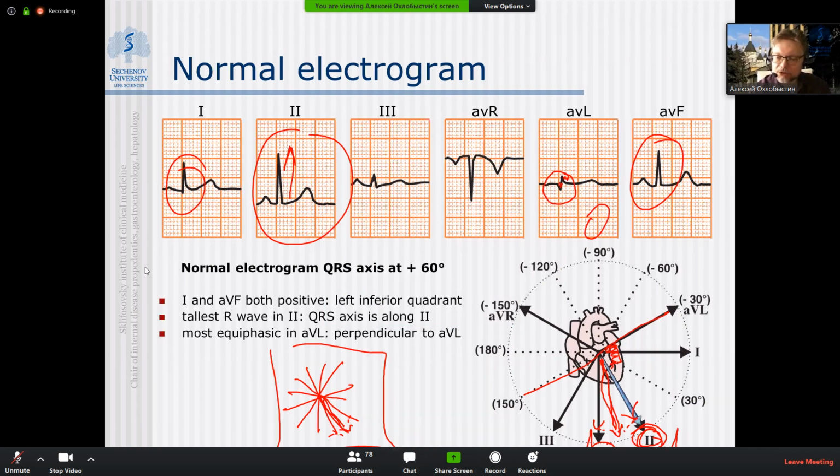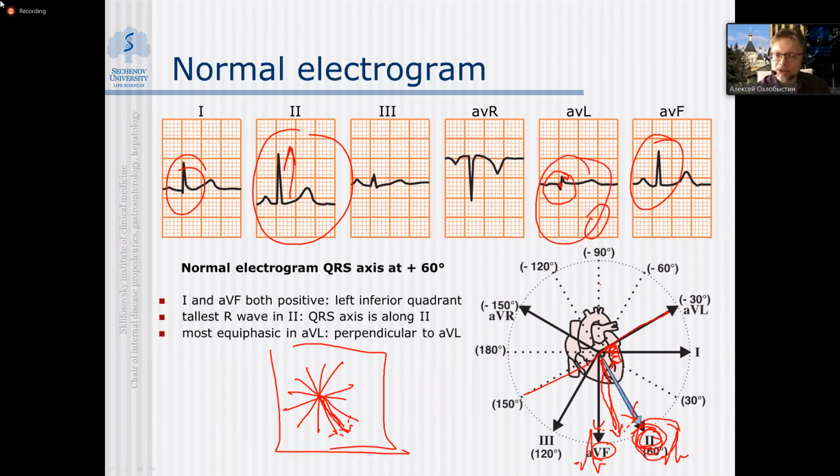So highest projection in one axis and zero projection in another axis. That will be the basic rule of how we can find out the location of the mean vector.